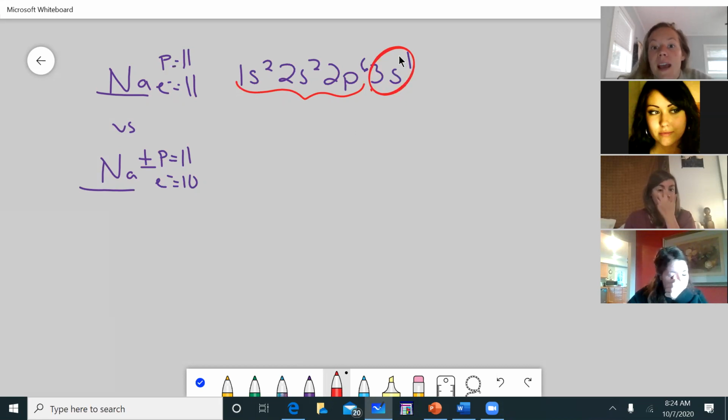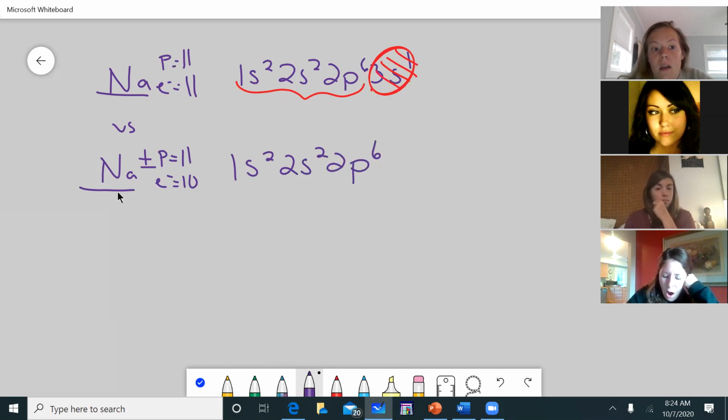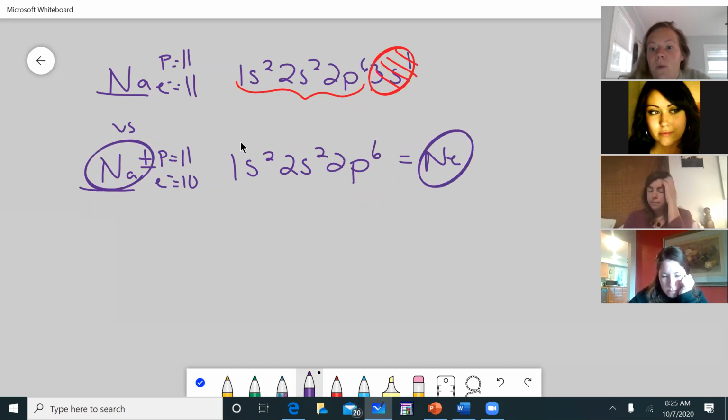So what tends to happen is this will fall off. And then what are we left with? 1s2, 2s2, 2p6. What is this electron configuration? Well, look at sodium and subtract 1 electron. We're at neon. So the positively charged ion of sodium has the same electron configuration as neon. That's why it forms that charge, because it wants to become like a noble gas.